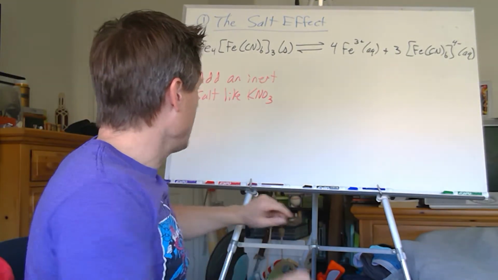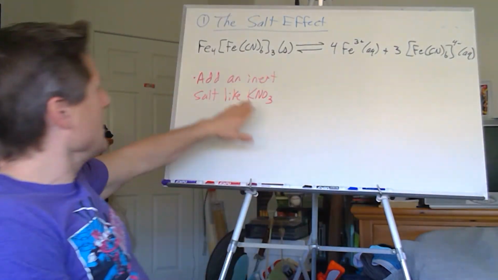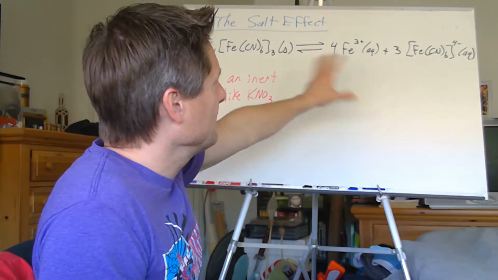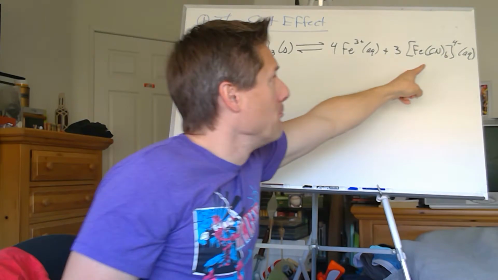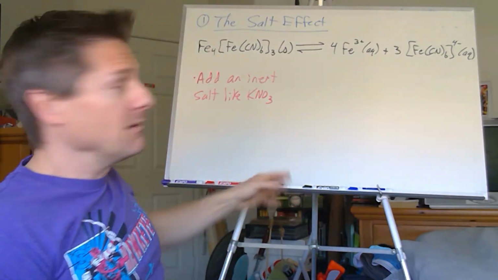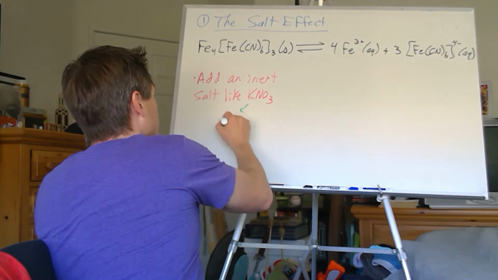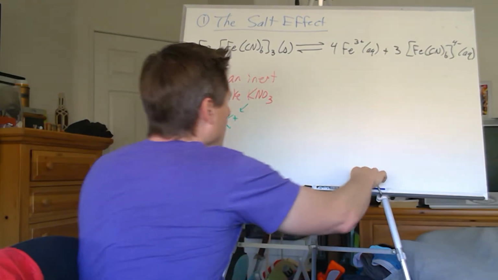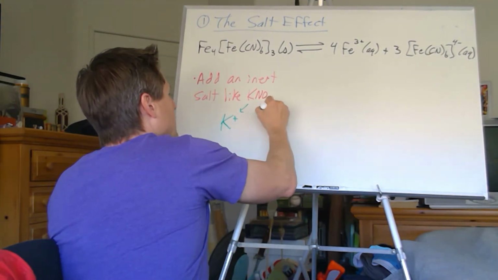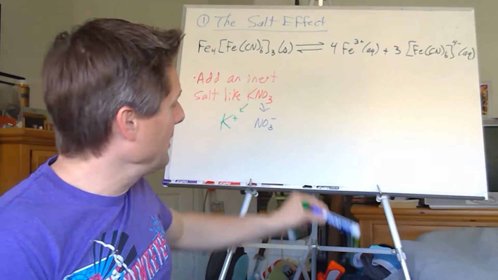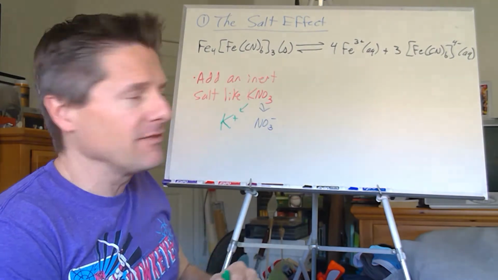But let's look over here. I'll do the potassium ions in green. The potassium ions, if we add these to this, originally pure water, they're going to migrate over to the complex ion because of the positive charge of the potassiums, right? So potassium is a +1, and the nitrate is a -1. So we're not adding common ions. We're not adding ions that react with any of the species.